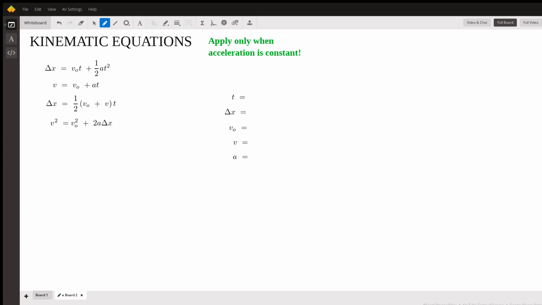So I put a box around the delta x, and I remember it's my goal for this problem to figure out what the displacement is. Then as I read through the problem again, I might make some notes as to what the v or the v naught might be, and perhaps I've got the acceleration as well.